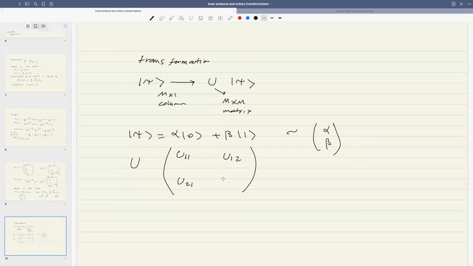It's going to be some 2 by 2 matrix. So then the state U times psi will have a representation that just comes from matrix multiplication of this by that. So it's going to be U11 alpha plus U12 beta, and U21 alpha plus U22 beta.